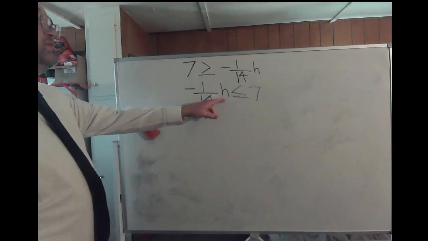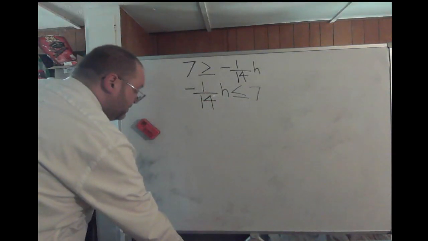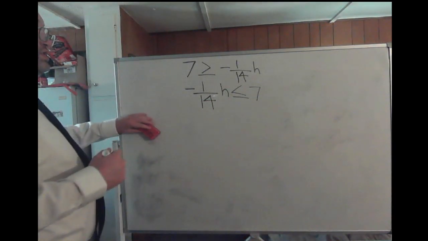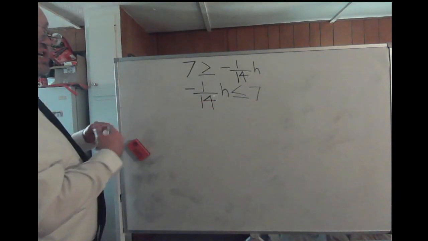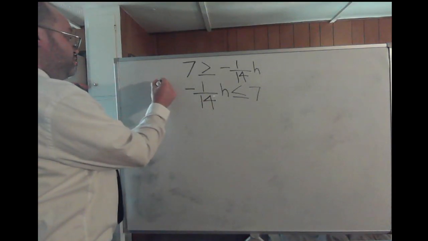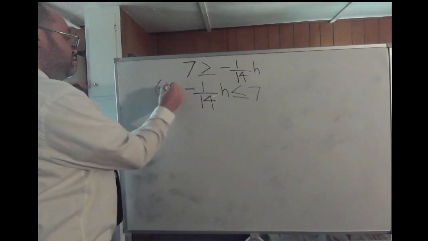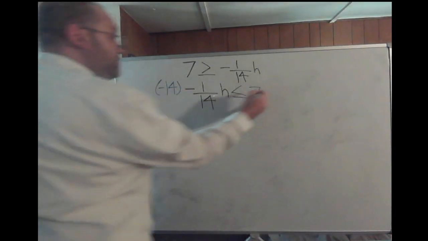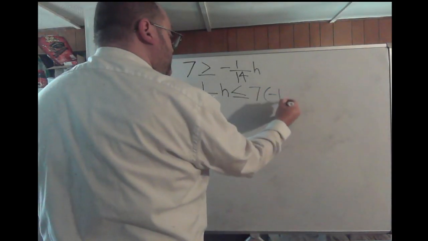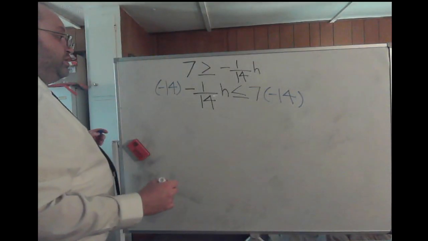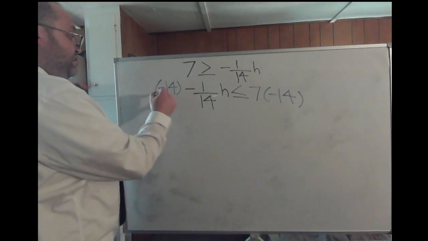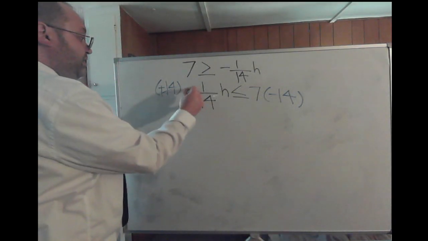Well, we want to solve for just h. So what you got to do, since you have negative 1/14 as the coefficient of h, you got to multiply by negative 14, which would be its reciprocal. But of course, what you do to one side, you got to do to the other. Alright, so of course the negative 14s will cancel out.